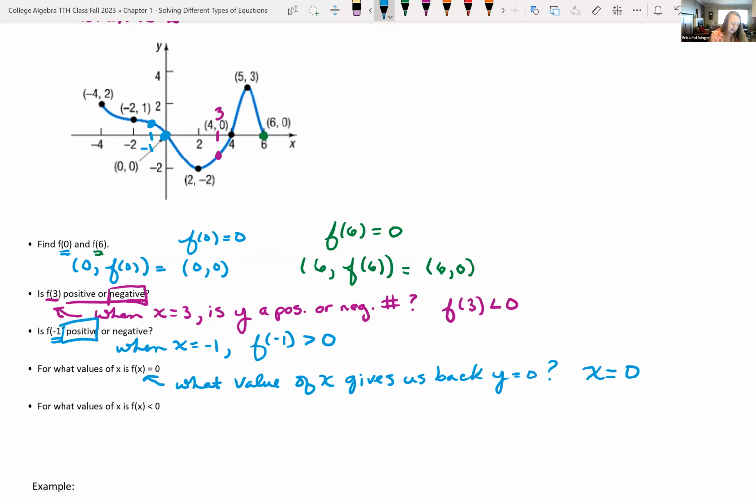And the last piece, it wants to know, when is our function f of x less than 0? Another way to state that is, when is the graph falling below the x-axis? When are our y values less than 0?